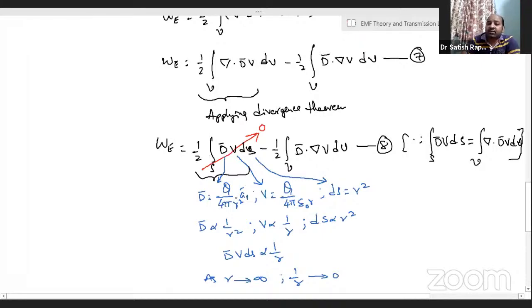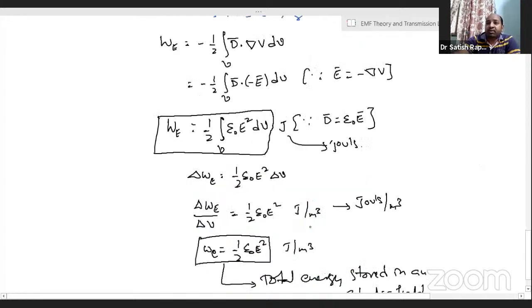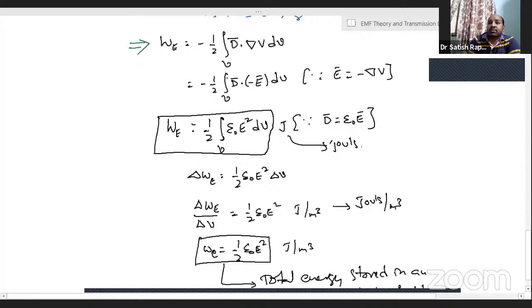And D bar, we know electric flux density, is proportional to 1 by r square. V is potential, which is proportional to 1 by r, and ds is area of surface, so proportional to r square. So product of these three is proportional to 1 by r. And as r tends to infinity, 1 by r will be 0, right? So therefore, the first term will become 0, and we are left with this one, right?